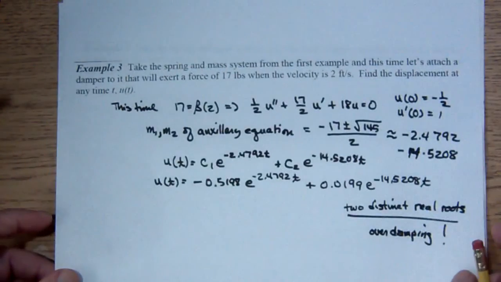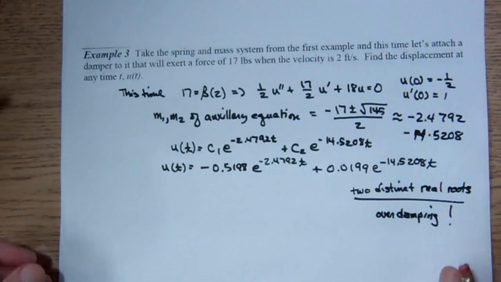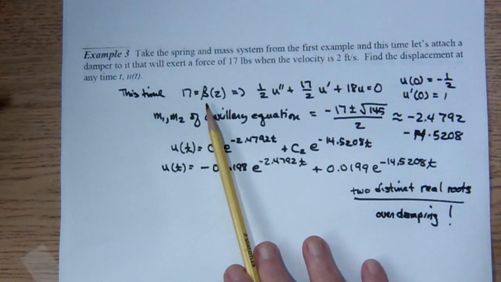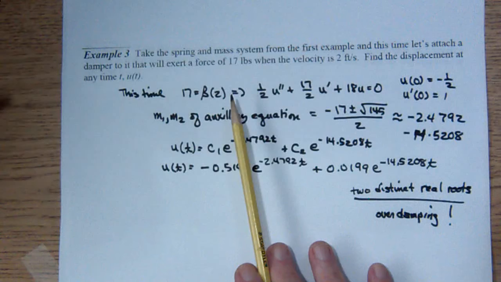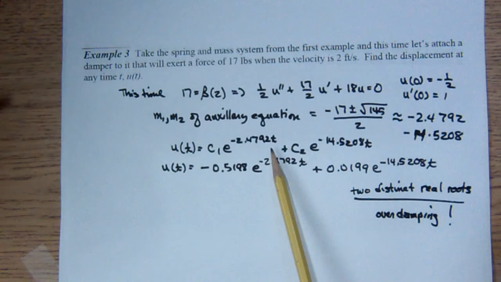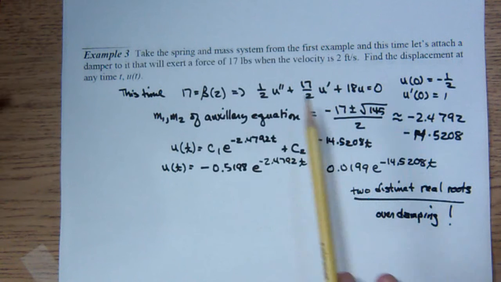The only thing that really changes this time, although it is significant, is the coefficient beta, which instead of being what it was earlier ends up being 17 over 2.